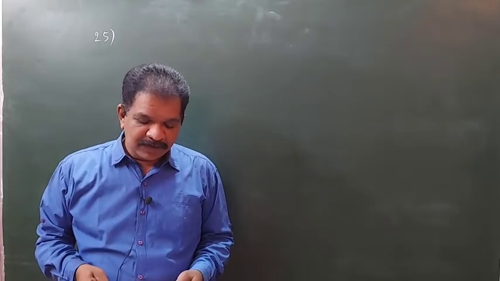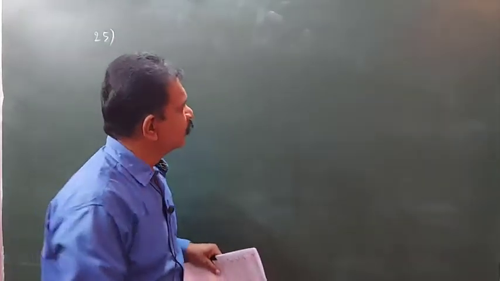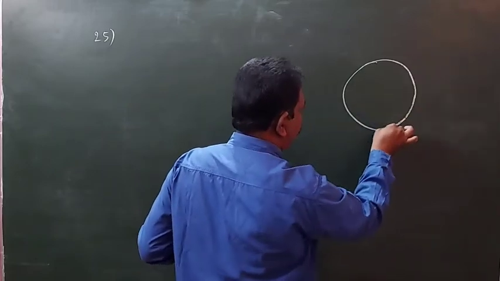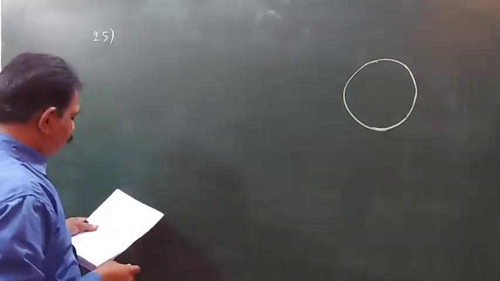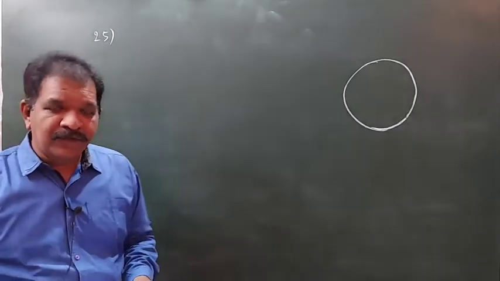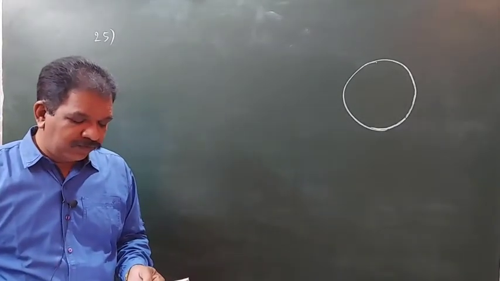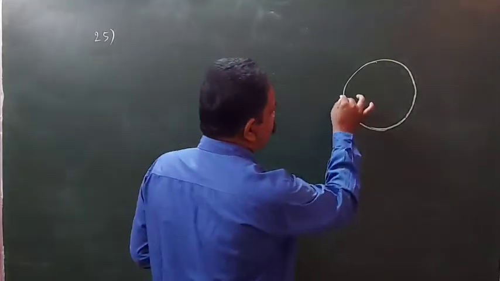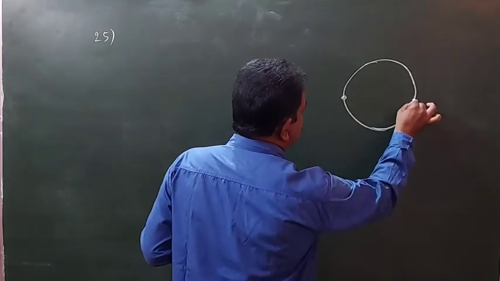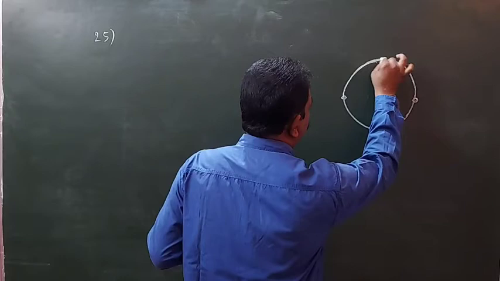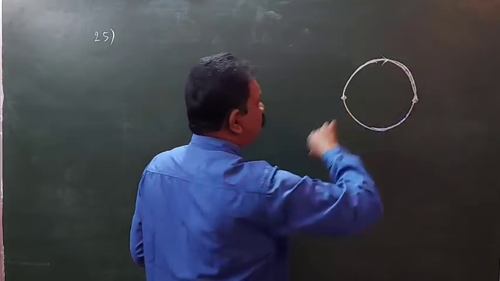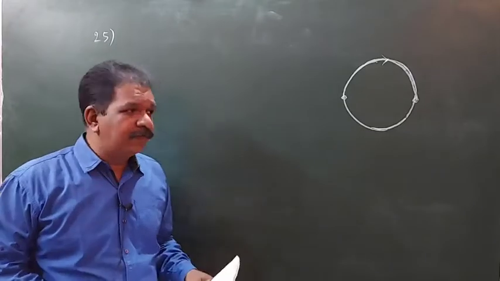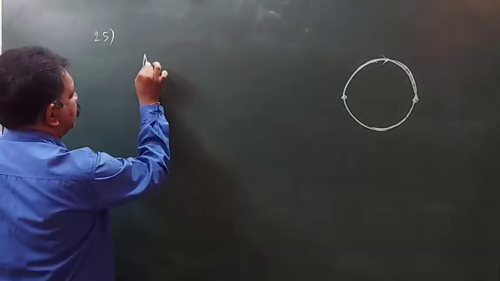What his average velocity will be? Cyclist is moving in the circular track. Then what is the radius of that circular track? They gave 40 meter. And to complete half revolution means, for example, he started from here and he came to here in this way. He took 40 seconds time. What is the average velocity they are asking?